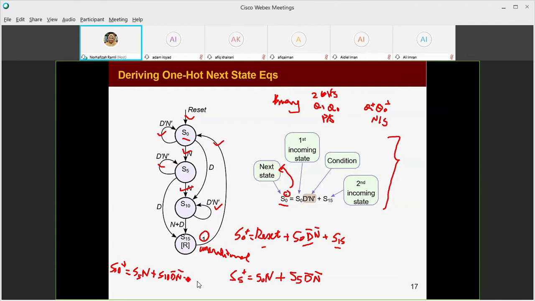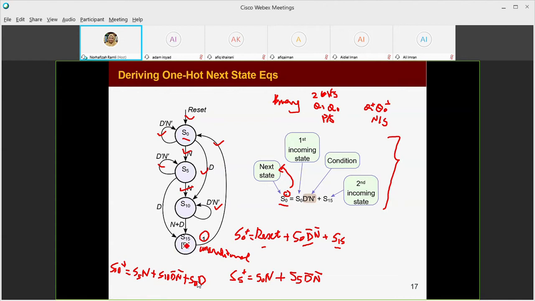The third wire coming in, or the transition, is this one, which is from S0, and the condition is D. So that is the equation for S10 plus.